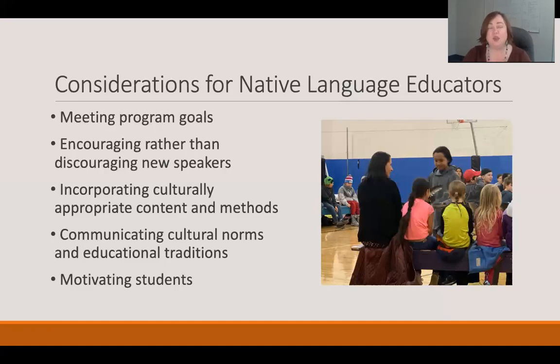We want to make sure that we are thinking about how we can incorporate culturally appropriate content and methods. People have probably heard about traditional ecological knowledge and its relationship to health, but also to language learning. I know that there are a lot of people in Arizona who are engaging with this.